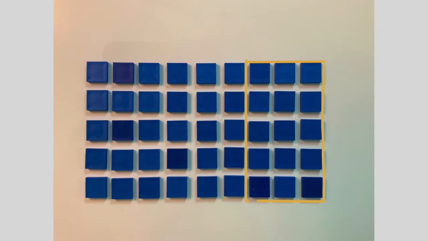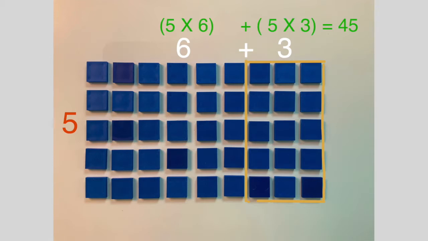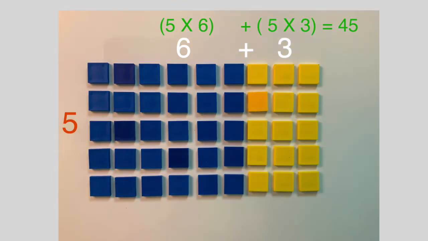So with this array, and to deconstruct it, you can see the yellow boxed in area. I still have 5 rows, but I'm going to break that 9 up into a 6 plus a 3. So my new multiplication problem will be 5 times 6. I'm going to go ahead and highlight the yellowed in area so we can notice that that is 5 times 3, and that will end up being our new multiplication problem.